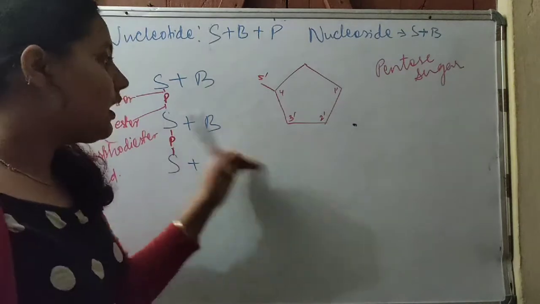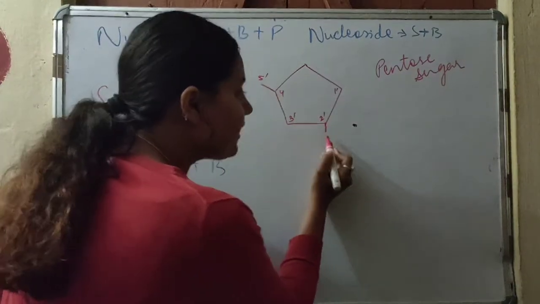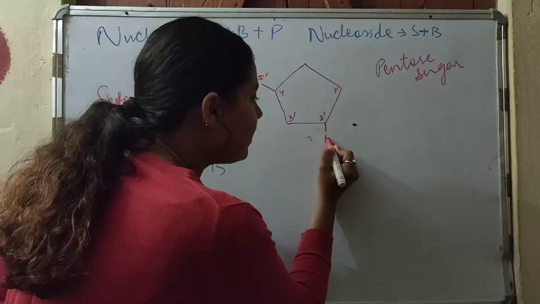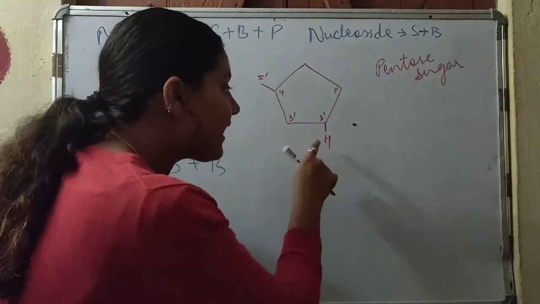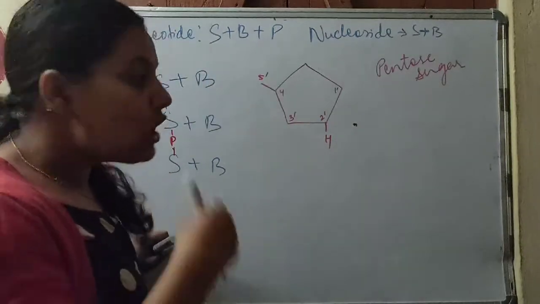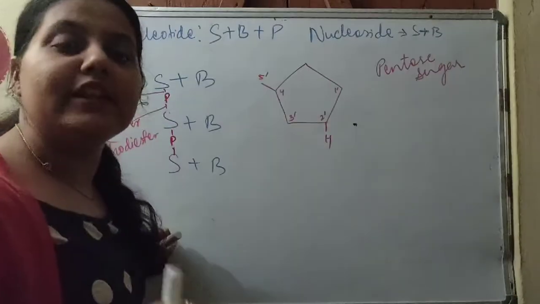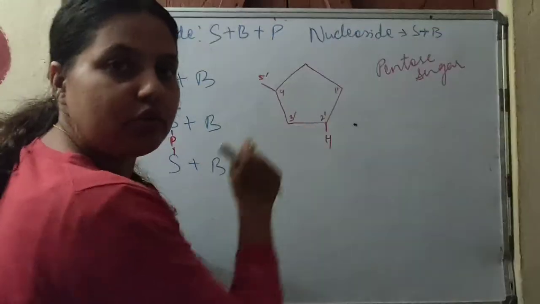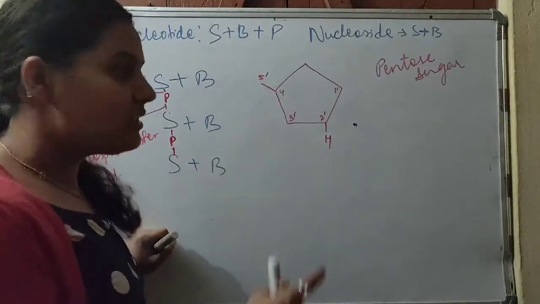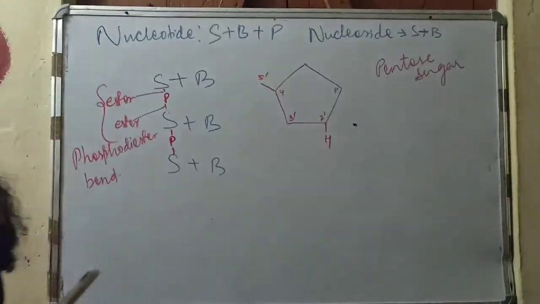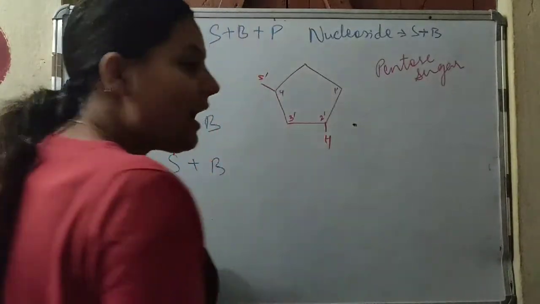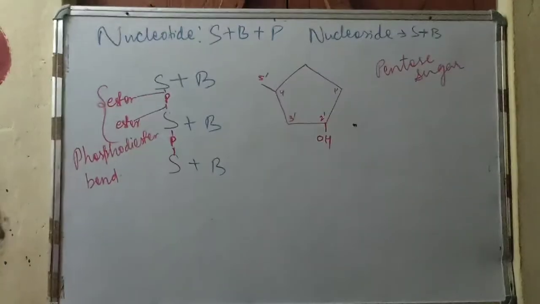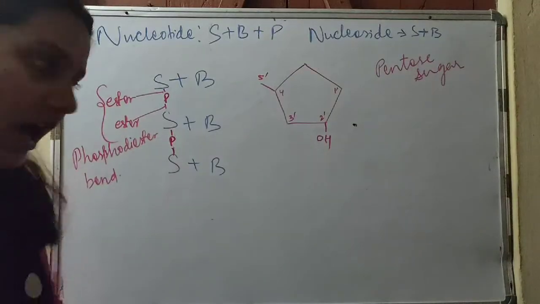Now what happens is, in this place, in case of RNA we have OH, but in case of DNA we have only H. Since the DNA is lacking 1 oxygen in the 2 prime carbon, the DNA is known as deoxy, means it is deprived of 1 oxygen in the 2 prime carbon, whereas the RNA is known as ribonucleic acid because it has OH in the 2 prime carbon.